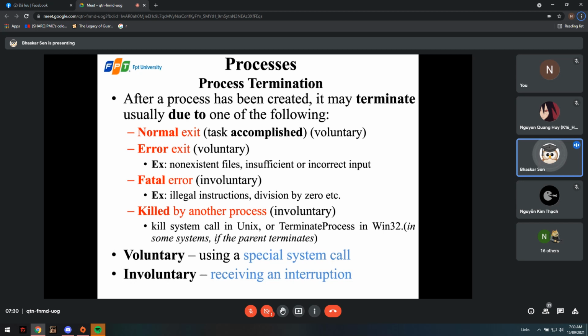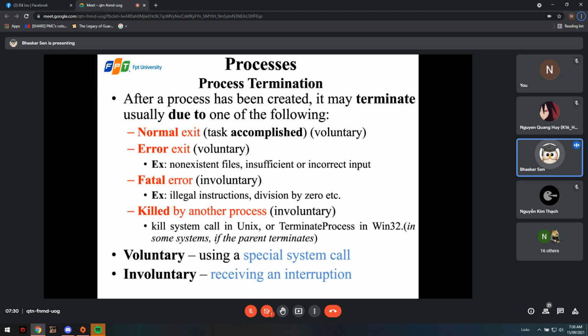Now, if it terminates, or even worse, if it somehow has a negative effect on the entire program, the program might crash. If that happens, it usually happens through interrupts.